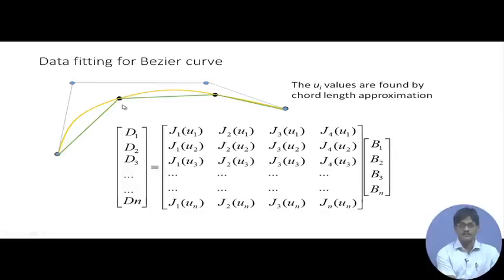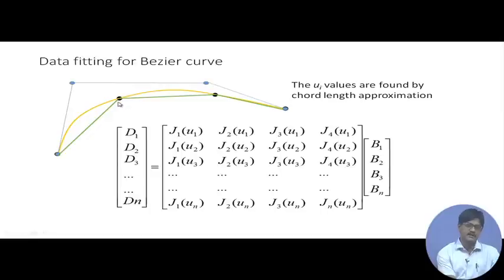The parameter value corresponding to this point is given in the second line; u2 corresponds to the parameter value here. Now, the problem is, if I do not have the curve, if I cannot measure the length along the curve, then how can I possibly assign a particular parameter value to this point? The solution is that we can make an approximation in which the chord lengths replace the arc lengths.